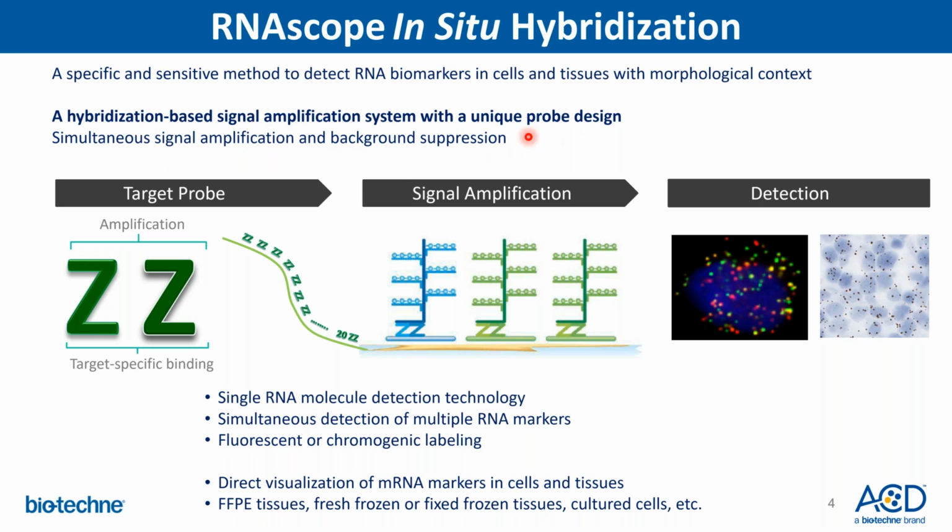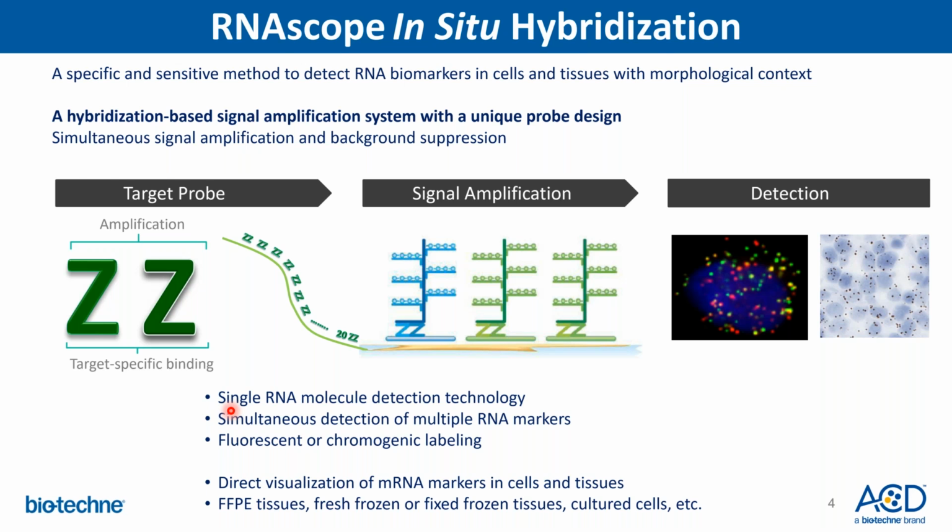With that, it also has a unique probe design, something that we'll look into in some of the slides coming forward. It allows you to detect single RNA molecules, and you can also detect multiple RNA markers, as fluorescent or chromogenic labeling. And last but not the least, the technology is compatible with a variety of sample types such as FFPE, fresh frozen or fixed frozen tissues, just to name a few.